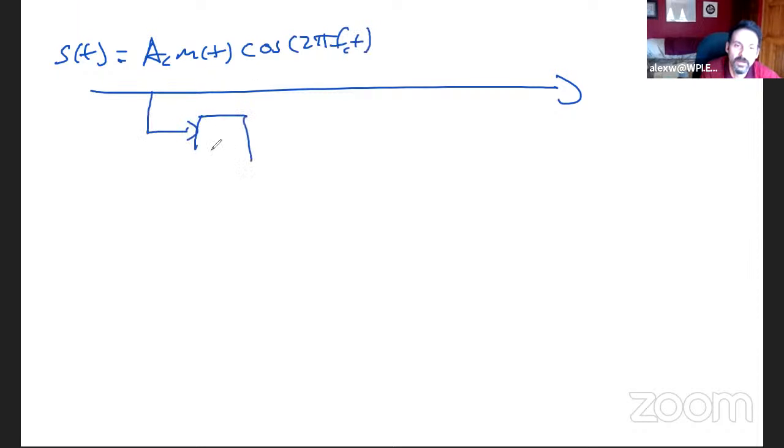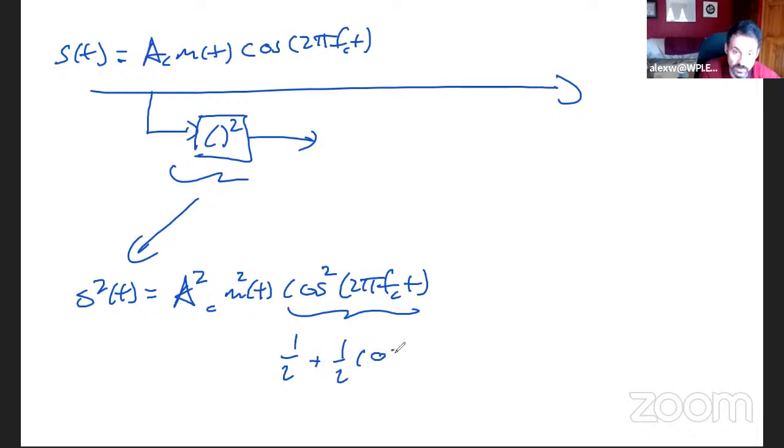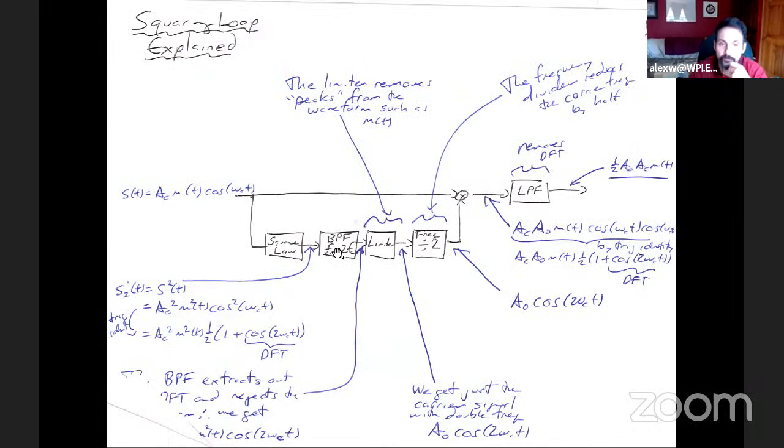If we do the square law device, s squared of t, we know that this is going to be this plus this double frequency cosine term. And the next step in the squaring loop is going to be a bandpass filter.